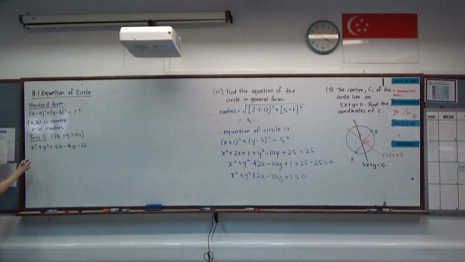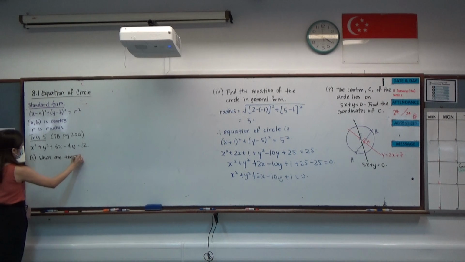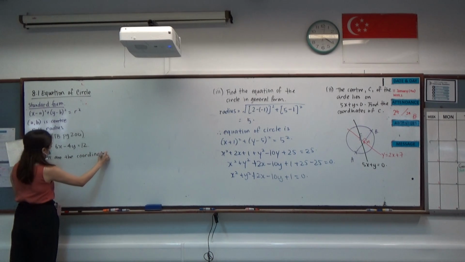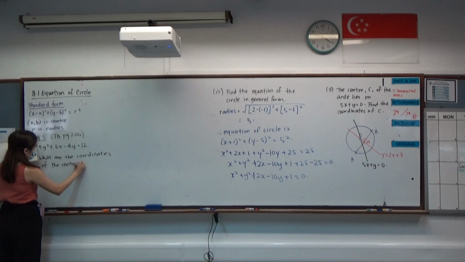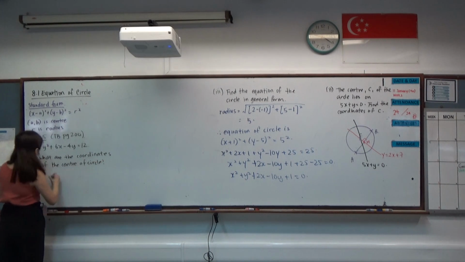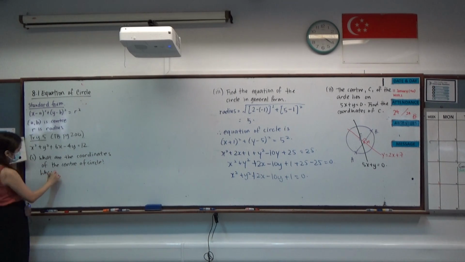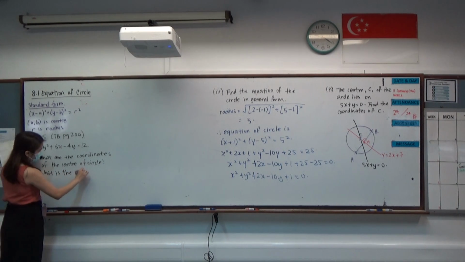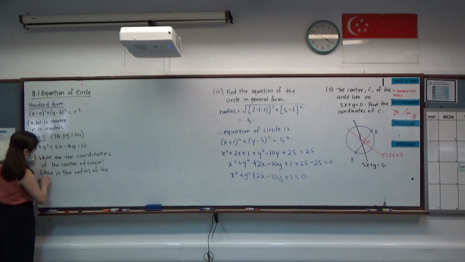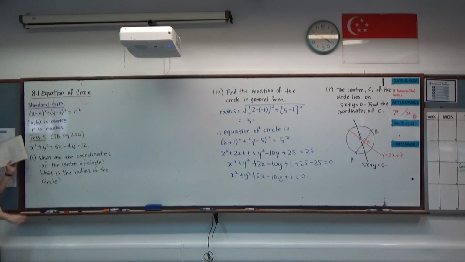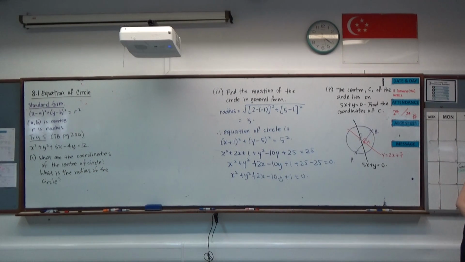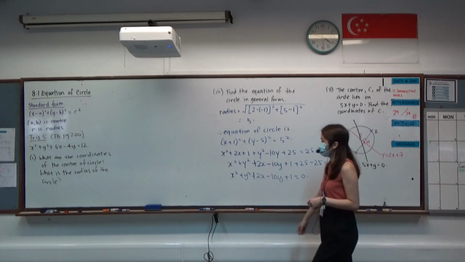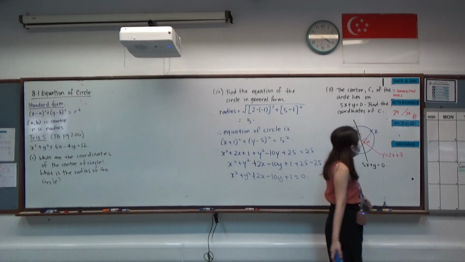Okay. Next we look at try 5. Given the equation in general form, the question wants you to find the center coordinates as well as the radius. Could you do that now? I think you can find the center and the radius. I'll give you about 4 minutes.